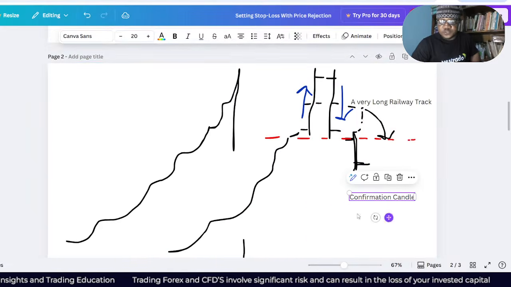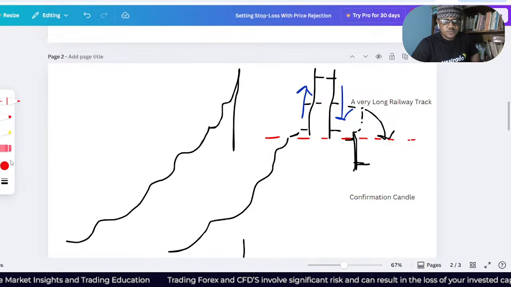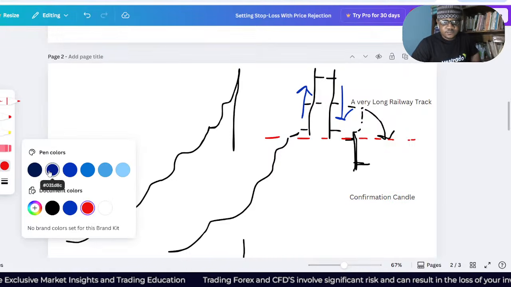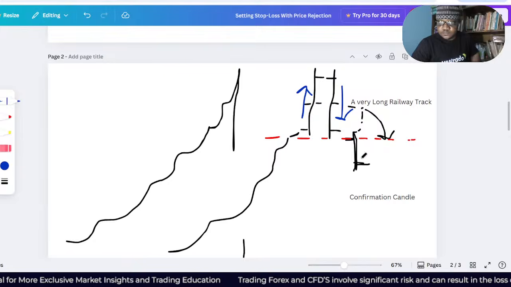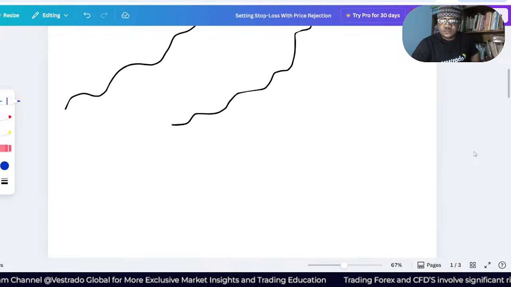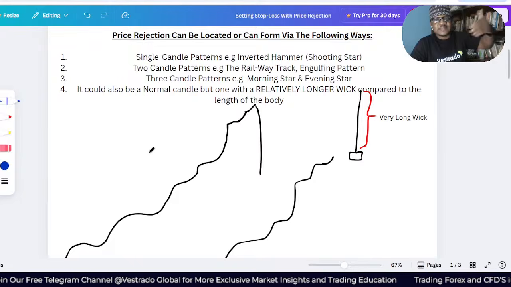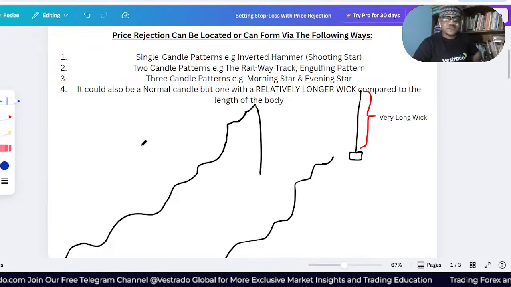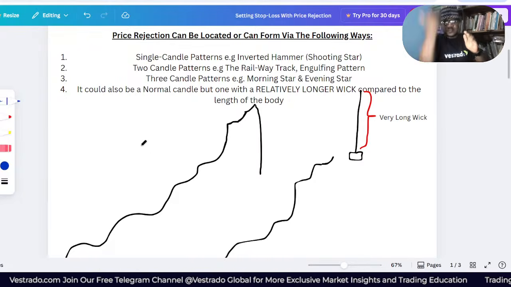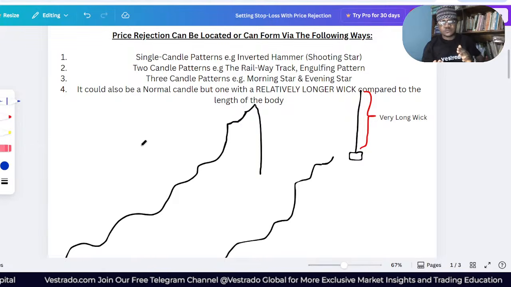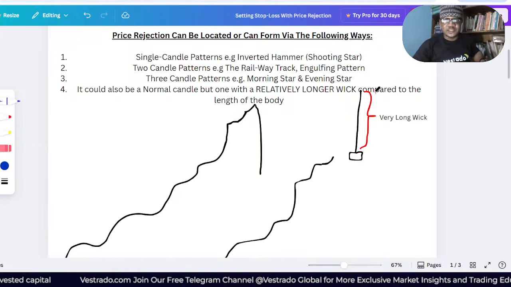So this is the confirmation candle, right? Confirmation candle. Now, for the one candle pattern, the confirmation candle will be the candle that forms after it. For example, in this uptrend, price rejection down, pointing downwards, you see that price touched this level, right?